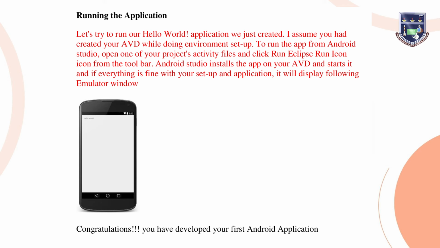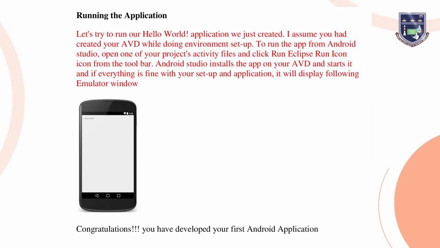Next we will explore how to run the simple application. Let us try to run the Hello World application we just created. I assume you created your own AVD while doing the environment setup. To run the application from Android Studio, open one of your project's activity files and click the Run icon from the toolbar.